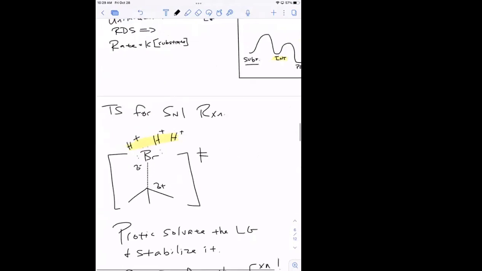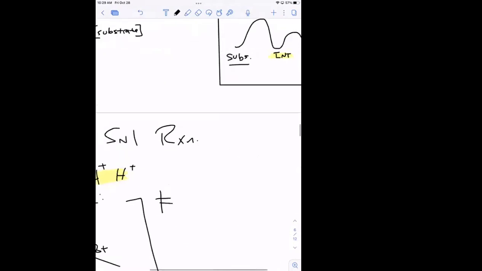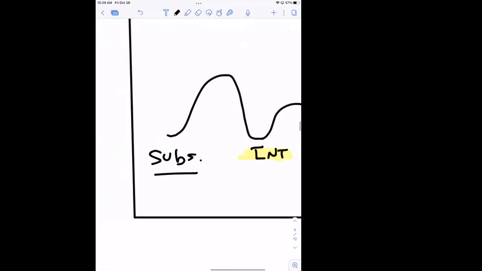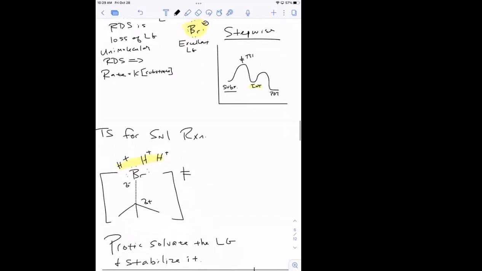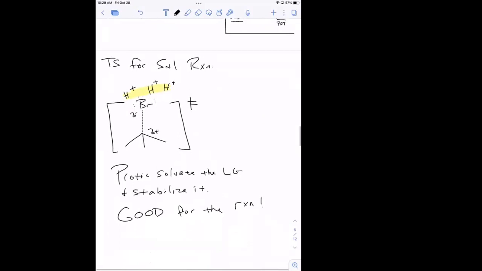All right, any questions about that? And that will be this transition state right here. Call it TS1. Any questions about that part? So that's why this reaction works better in protic solvents, because a protic solvent can stabilize your leaving group.